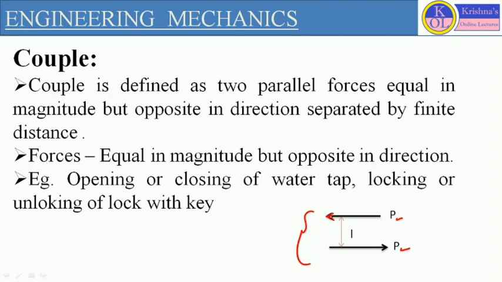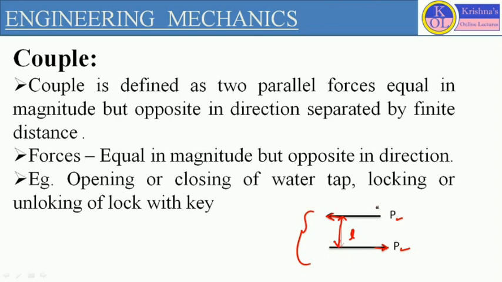One force is applicable in this direction and the other force in this direction, and the two forces are separated by a finite distance. Here L represents the finite distance between the two forces. So these two forces are forming a couple.